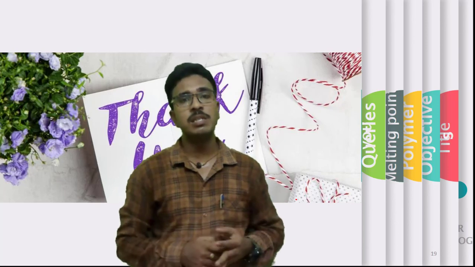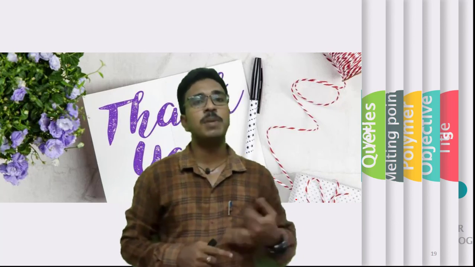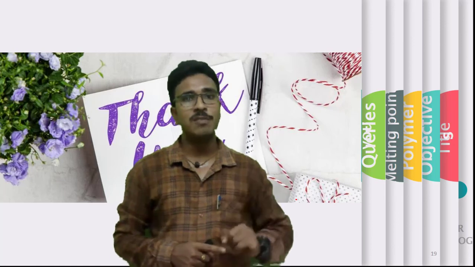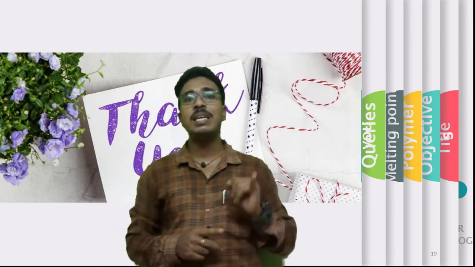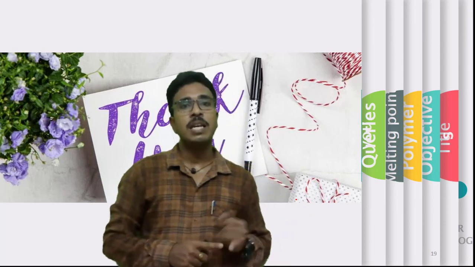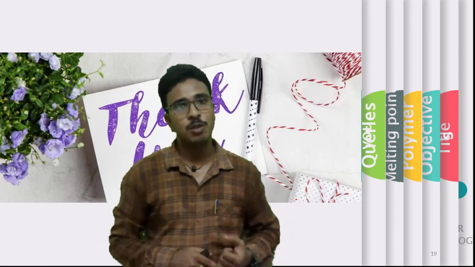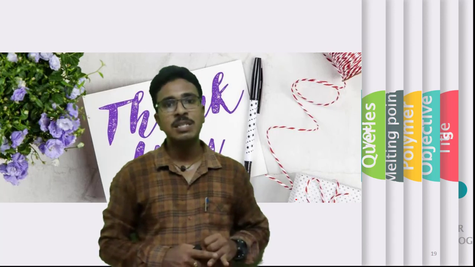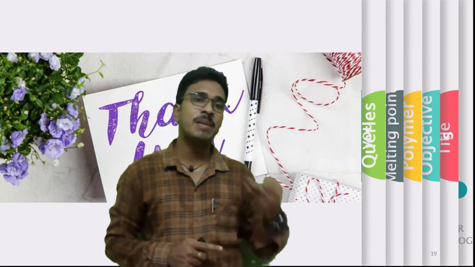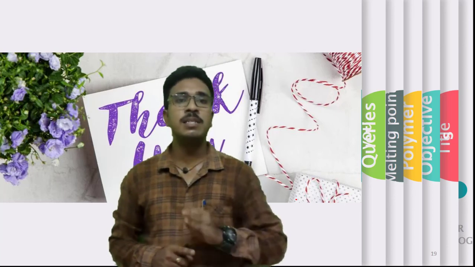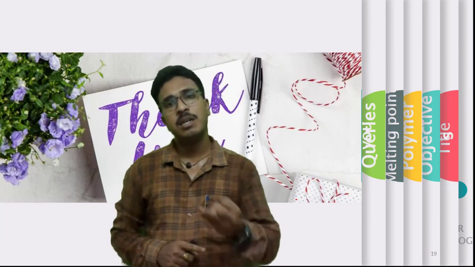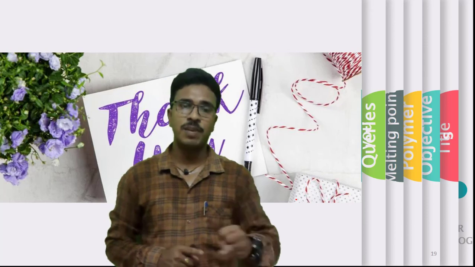The first one is hydrophilicity. Whatever polymer system we select should be highly hydrophilic in nature, that means capable of easily absorbing moisture. The second is that the polymer should be highly chemically resistant, that means it should not be easily degraded or affected by the presence of chemicals.